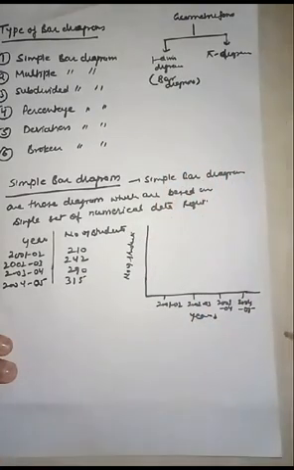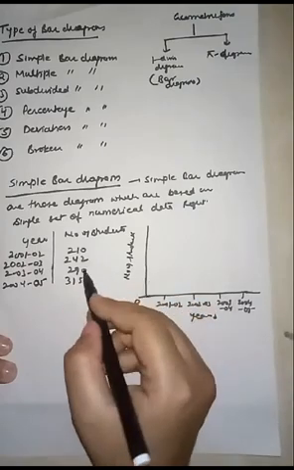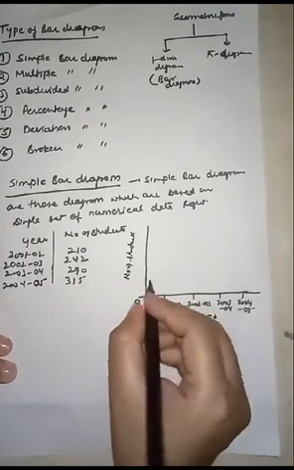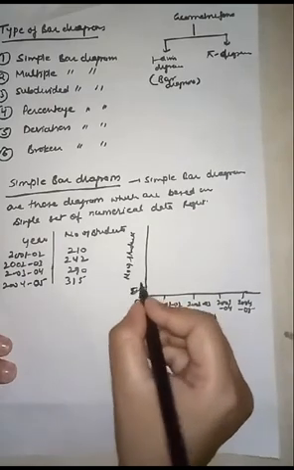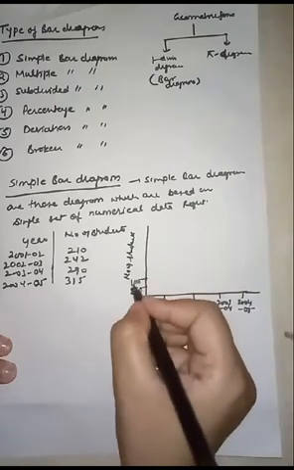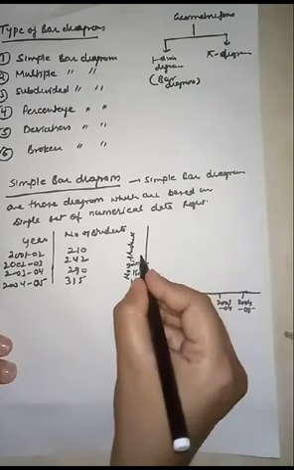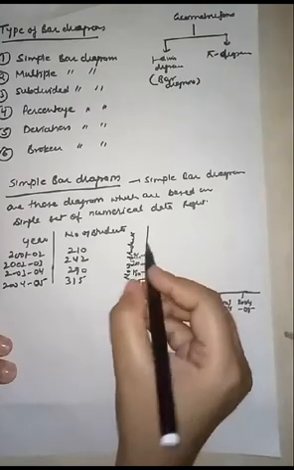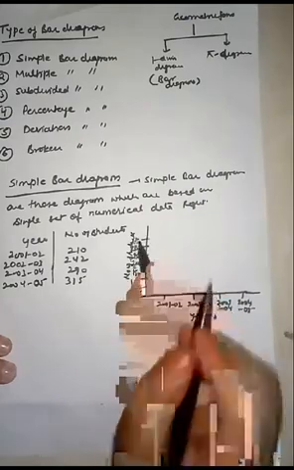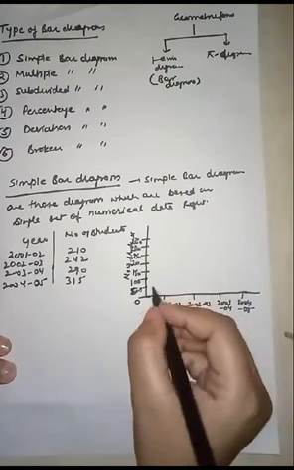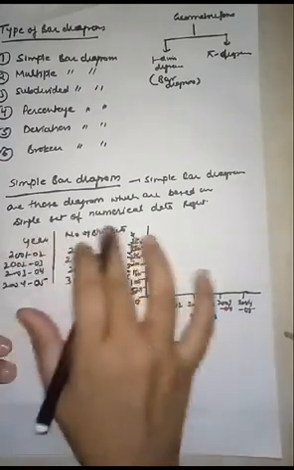Make the scale: 0, then 50, 100, taking the margin of 50: 150, 200, 250, 300, 350.